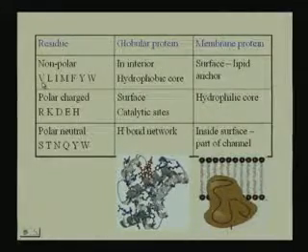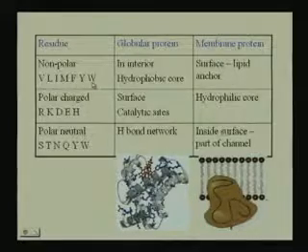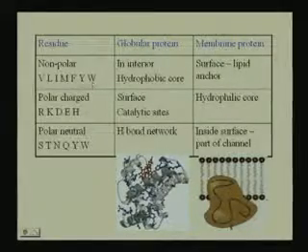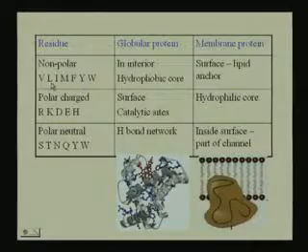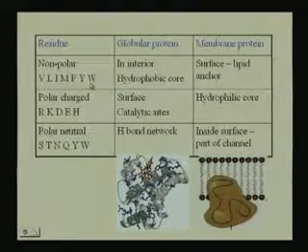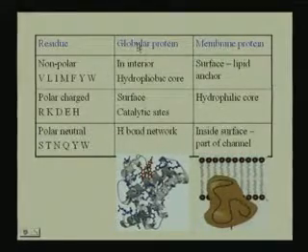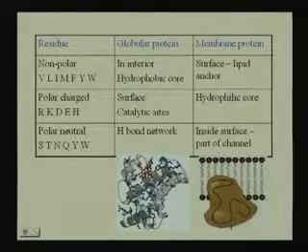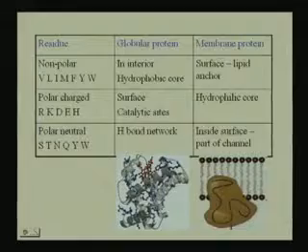I have given the single letter codes for the amino acid here. So we have valine, leucine, isoleucine, methionine, phenylalanine, tyrosine, tryptophan. In a globular protein, they prefer to be in the interior to form the hydrophobic core. So they are somewhere here.